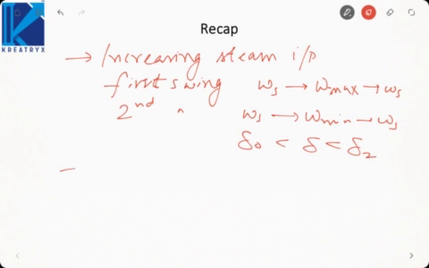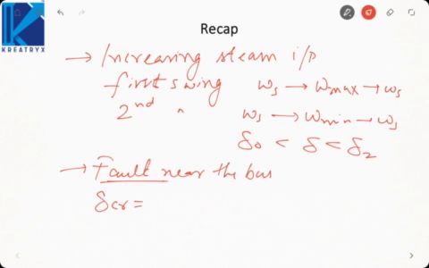Then we saw the case when the fault occurs near to the bus. There also we saw how the rotor angle oscillates and the speed also oscillates. Then we determined the critical clearing angle, the maximum angle at which the fault can be cleared.